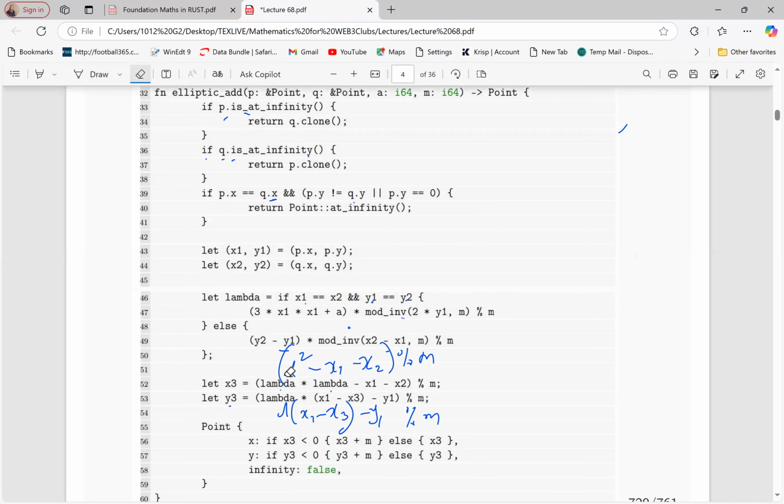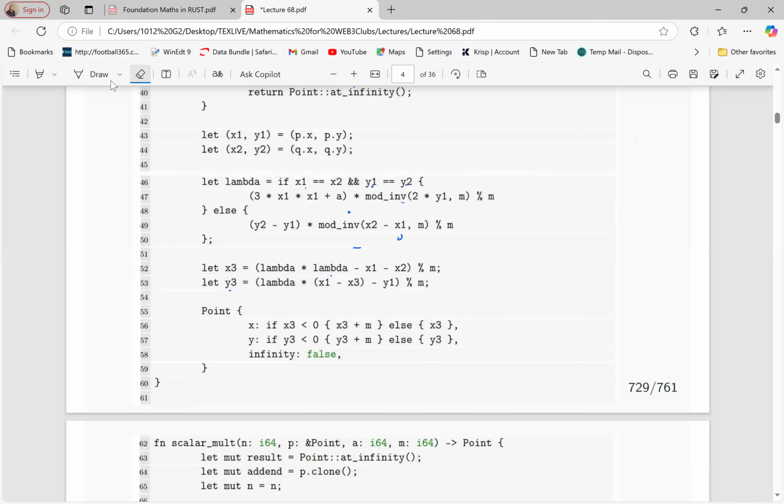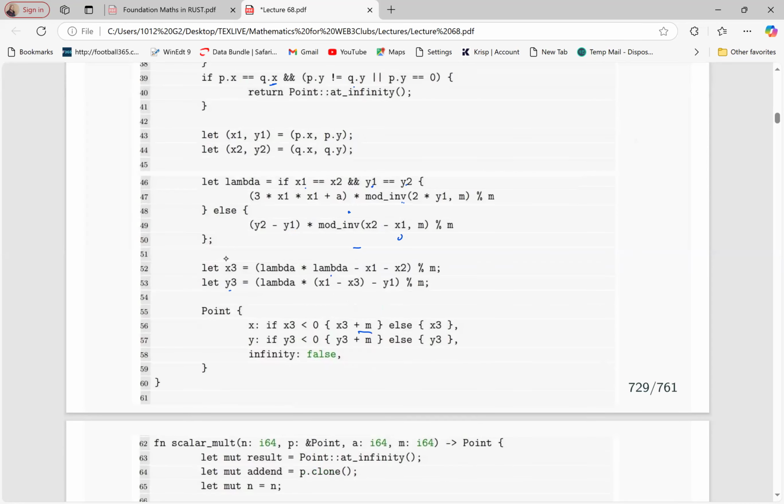So this function I said is doing point addition. It proceeds and says, if you find that the x3 value is less than 0, which is not supposed to be the case, proceed and add m to it. Else, if it's not less than 0, it remains as x3.